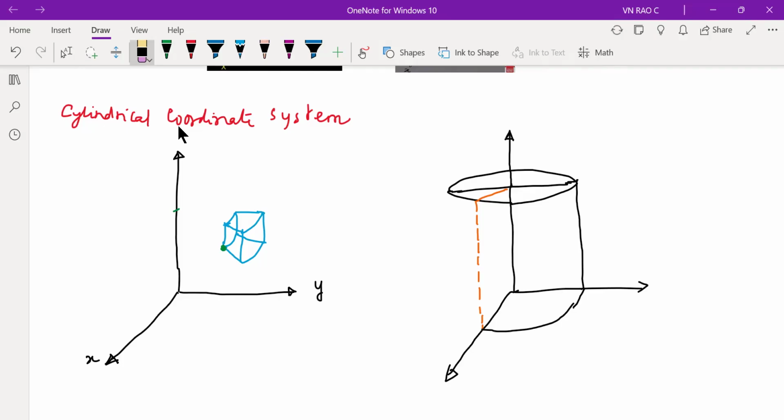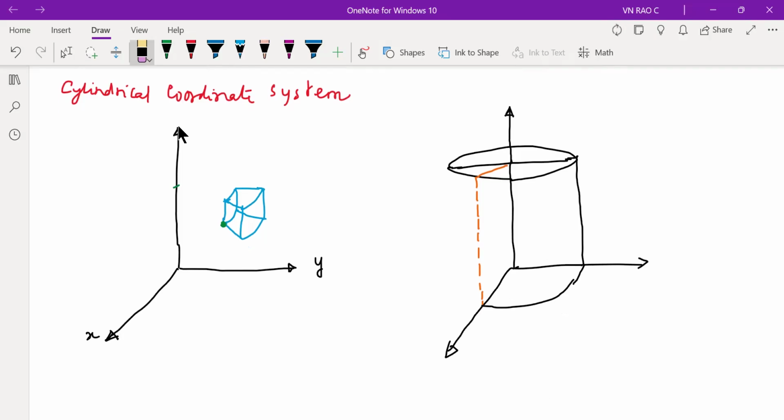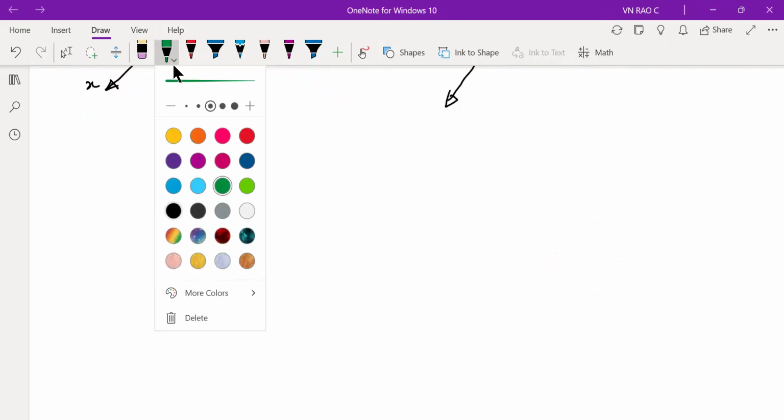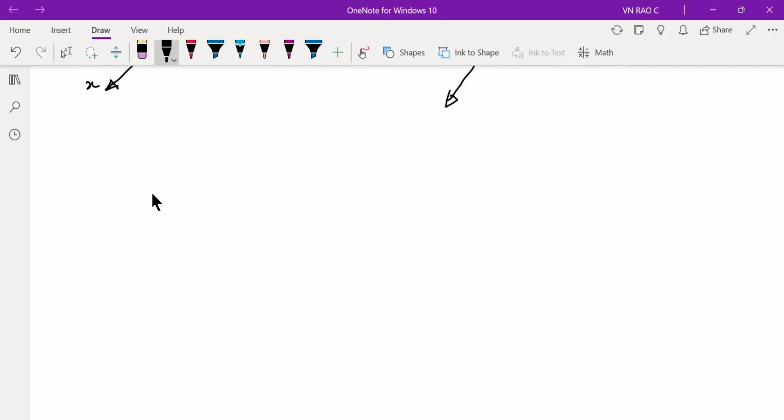That means, first of all, let me show you the entire cylinder, that means the bigger picture. So let me draw that cylinder for you first. Sorry, this is not straight.